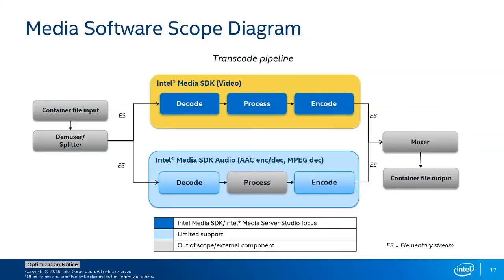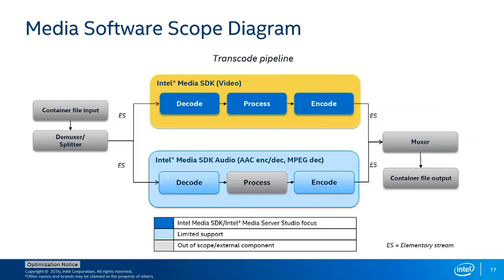So I just wanted to zero in on the part of media that Media SDK covers. Looking at the traditional transcode pipeline, container support, demuxing, audio, network transport protocols, parallelization across multiple processors, everything.